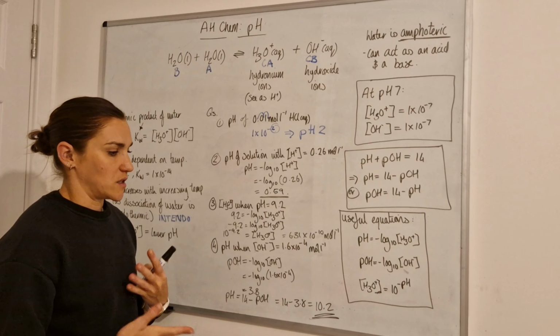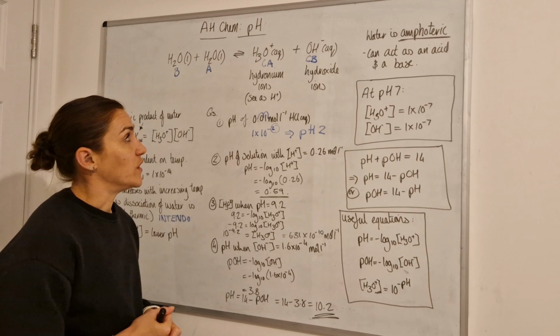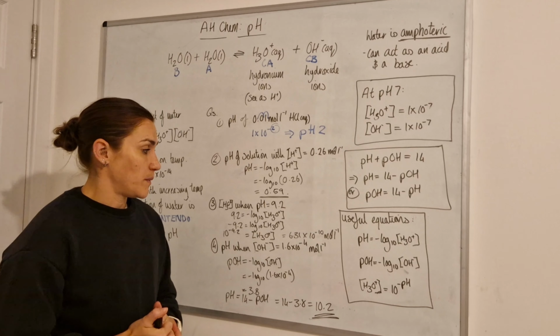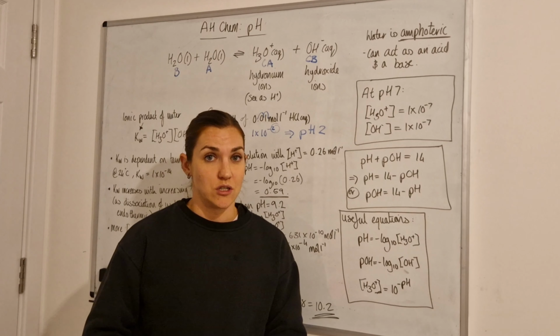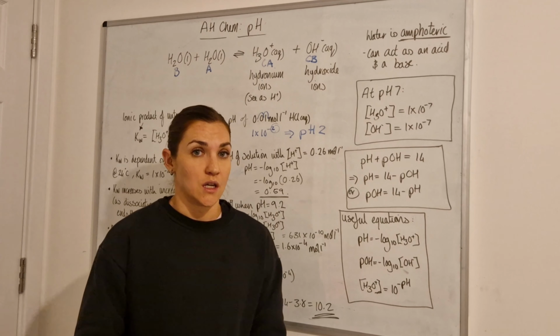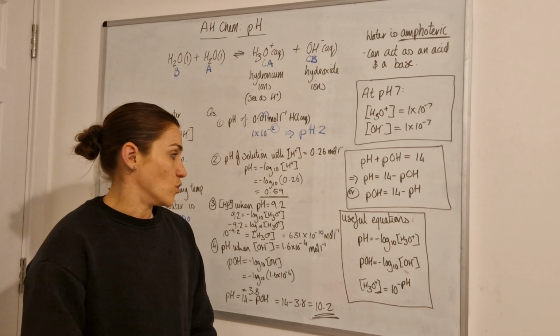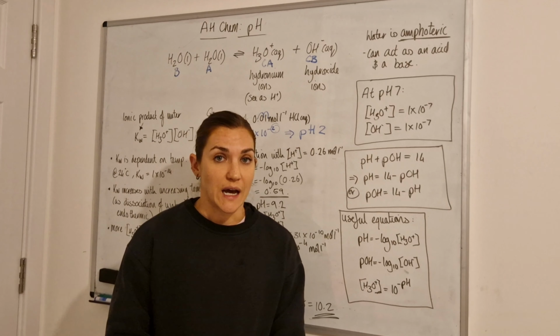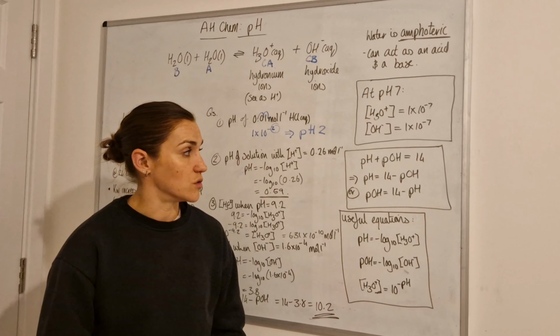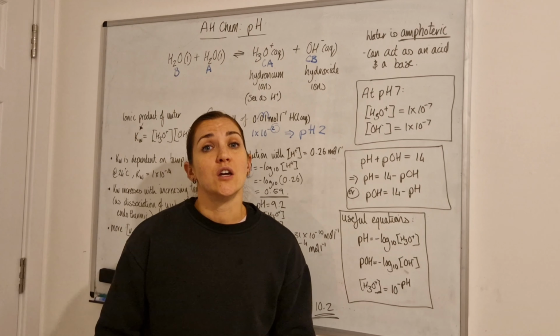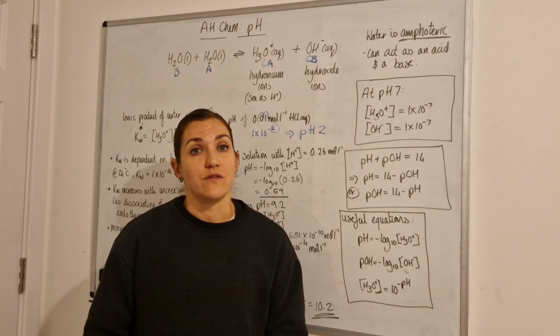You could potentially be asked multiple choice questions around the theory as well. But I hope that helps. I would recommend going and trying some past paper questions on pH calculations just to have a go. Just remember though, some of them are for weak acids and bases, which use a different equation to any of the ones we've done here. So you can check out my tutorial video for them if you need to.